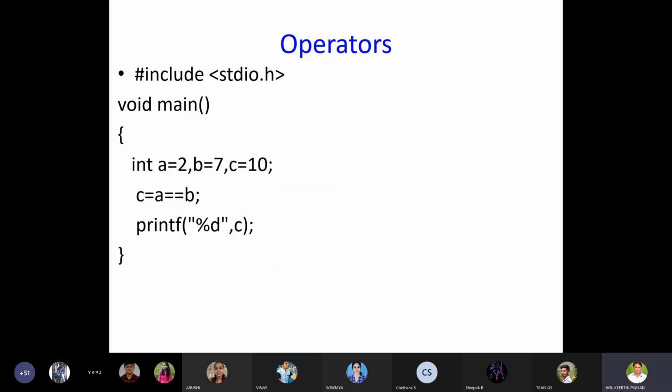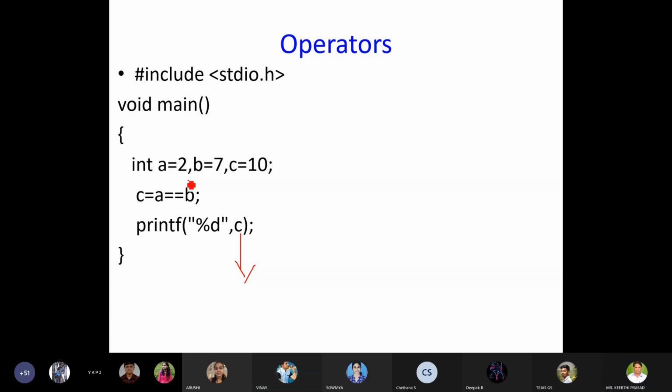Now, what is the output you are expecting from this equal to operator and assignment operator? It is a very simple question. What is the result of C? 0, sir.